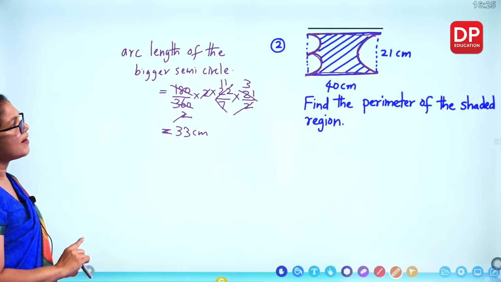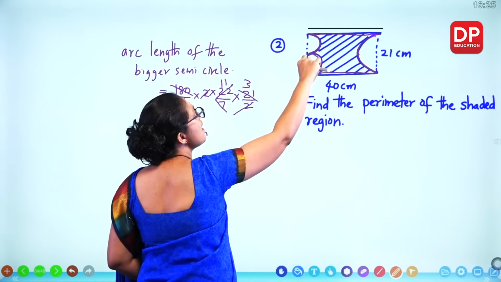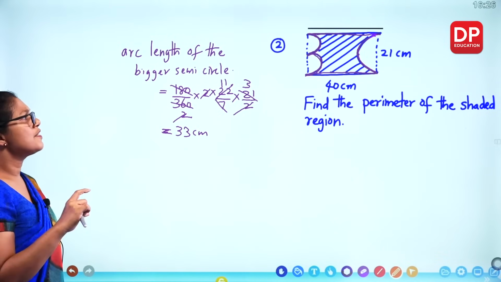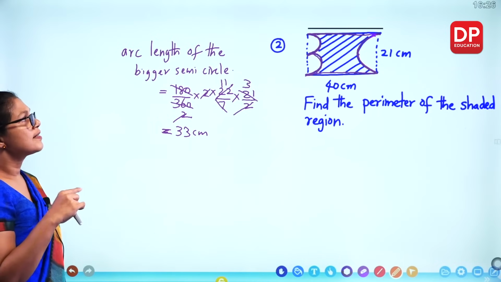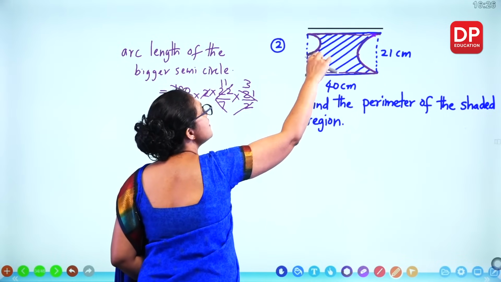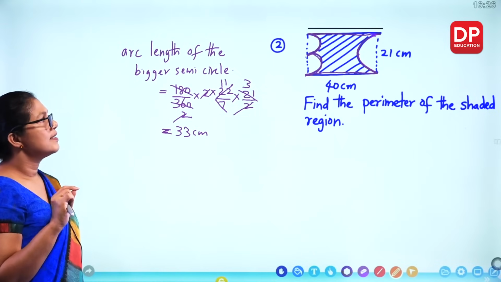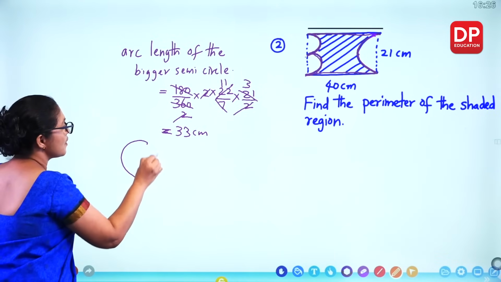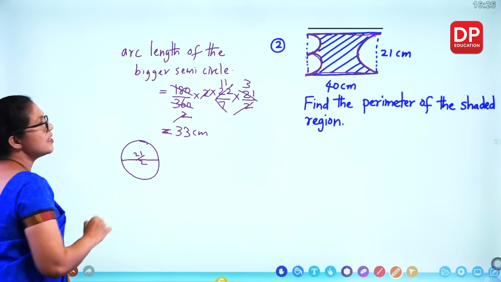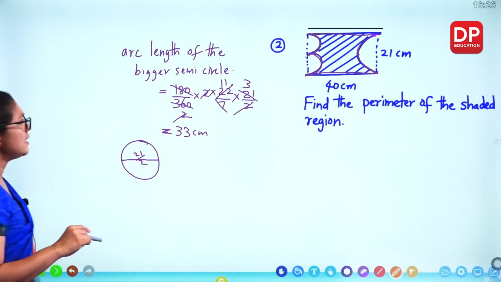Now we'll look at the smaller one. Now we know this full length is 21. 21 divided by 2 is the diameter of the small one. So both diameters are equal. So here this semicircle and this semicircle, you can say that's 1 circle. What's the diameter there? Diameter is 21/2. Now we'll find out the circumference of the full circle.